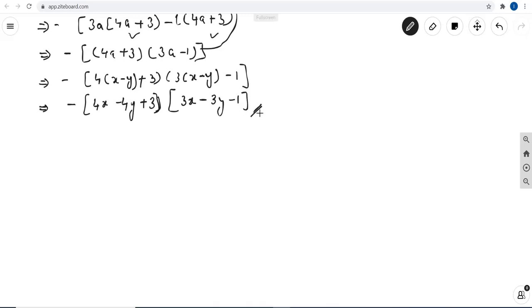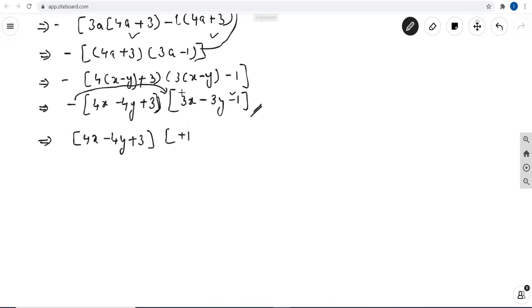Okay, so this is the factor, but we have a minus sign here. So this minus sign we are going to multiply with this term. So if I multiply with that term, we are going to get 4x minus 4y plus 3, okay, one term. So one more term, this becomes minus into minus, this becomes plus 1.